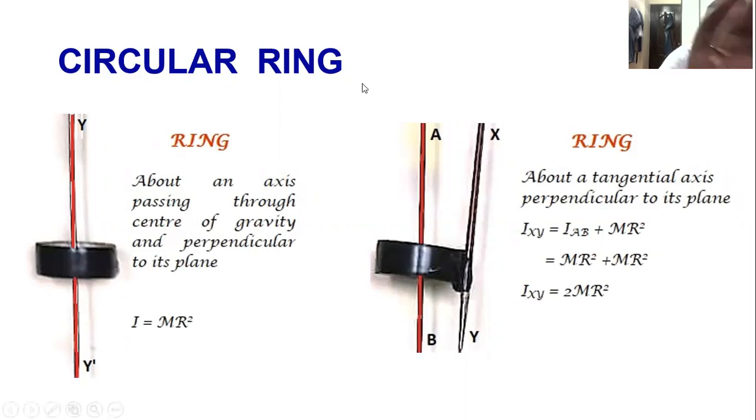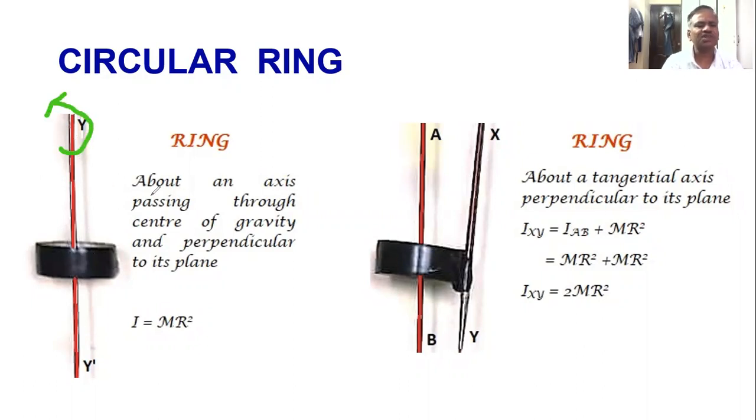Okay, students. This is the formula for the circular ring. The axis is passing through it, and the body is rotating either clockwise or anticlockwise about this axis.